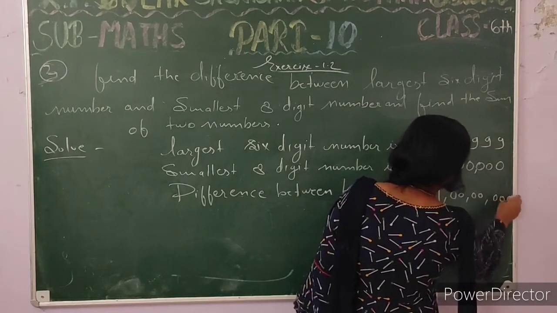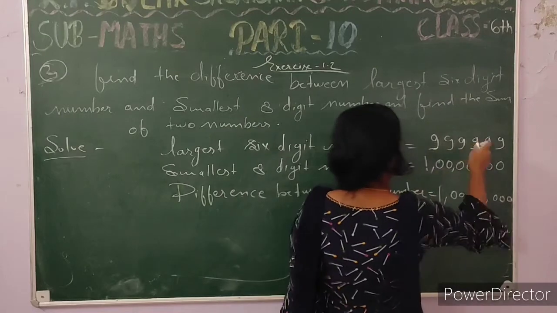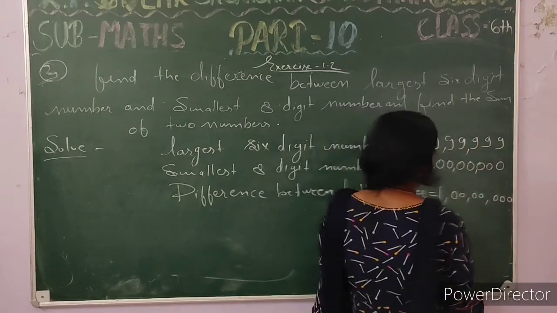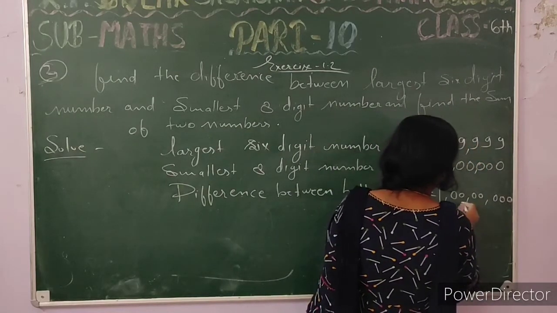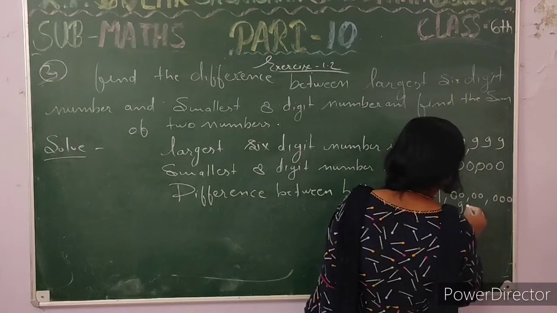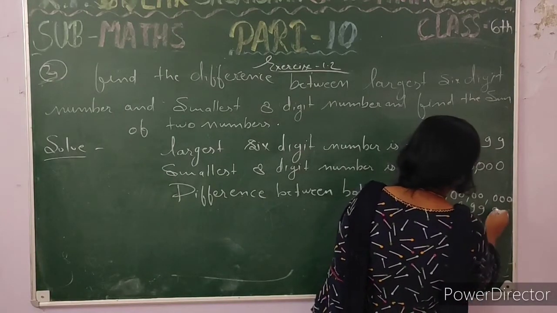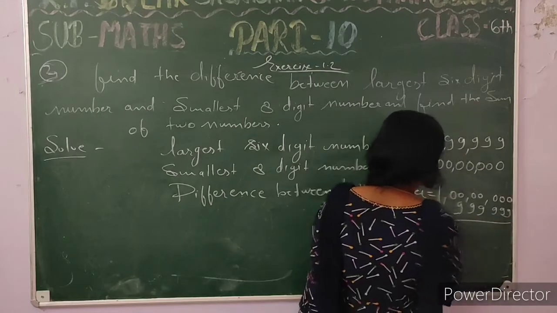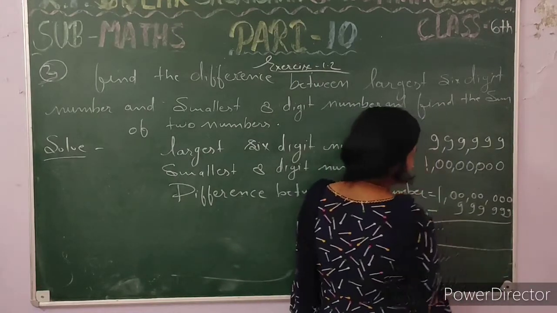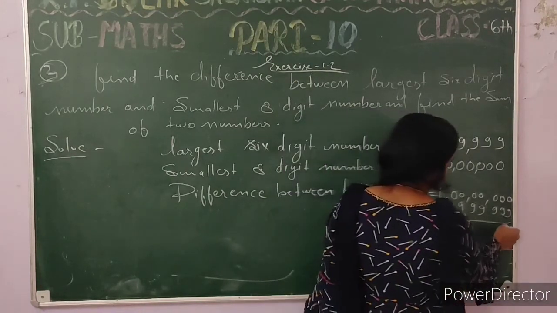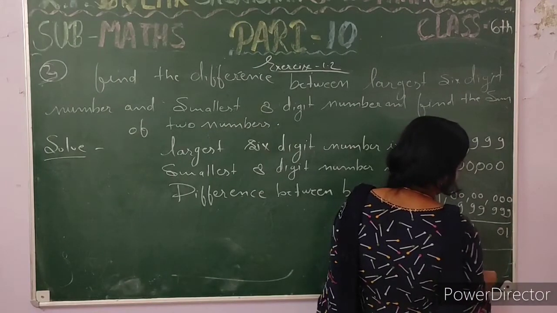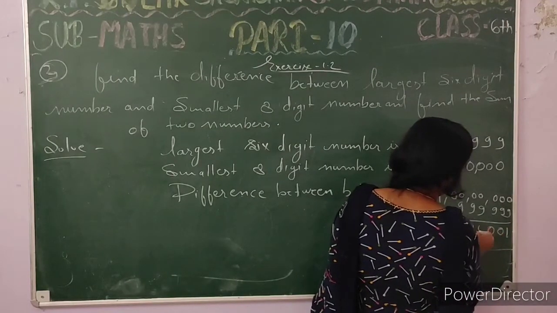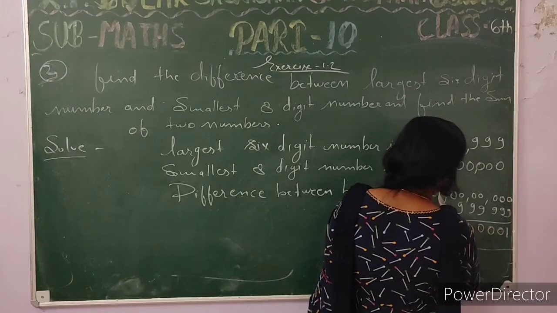Here I write 1 crore, then I write 9,99,999. Difference means subtraction. So 10 minus 9 is 1, 9 minus 9 is 0, 9 minus 9 is 0, then 0, 0, 0.